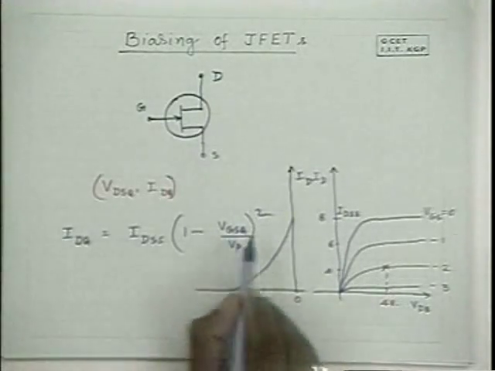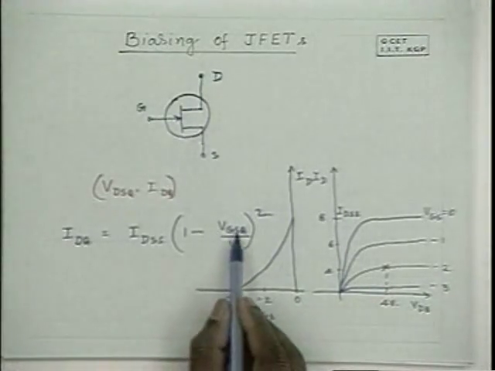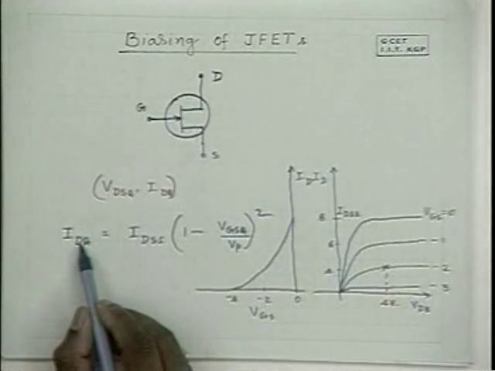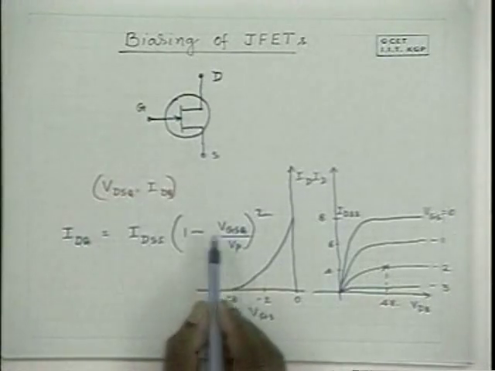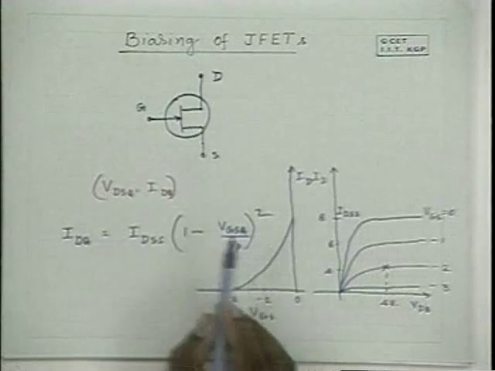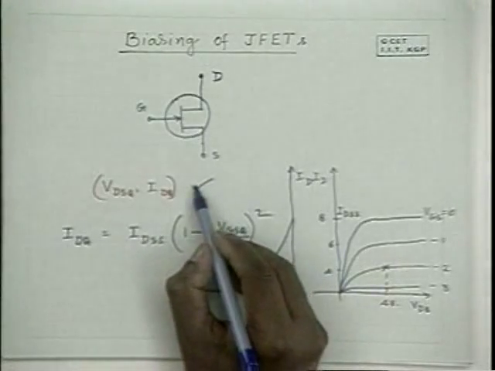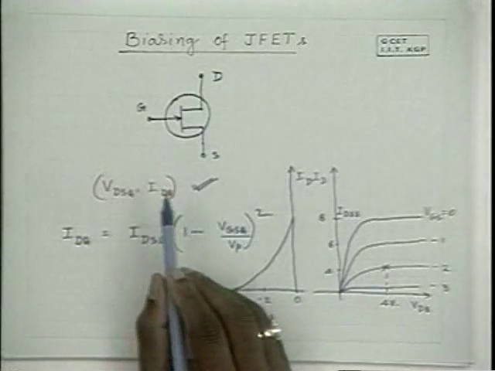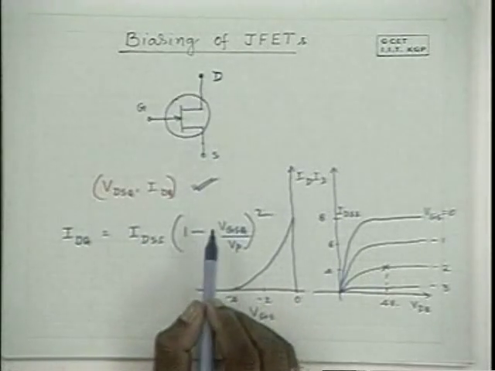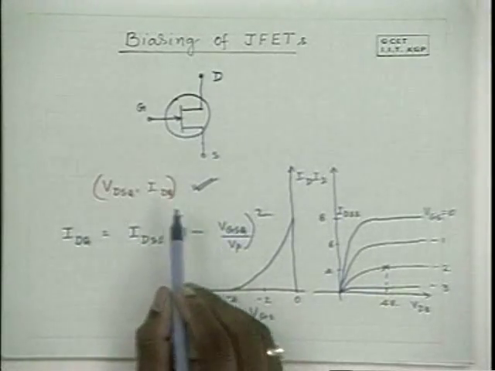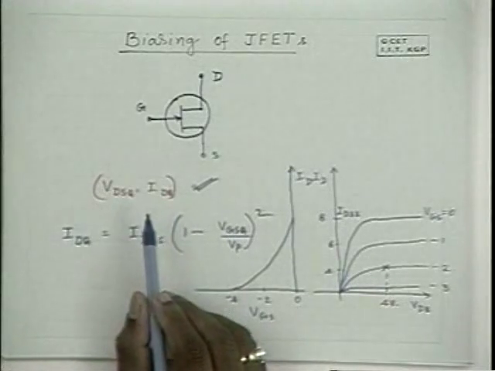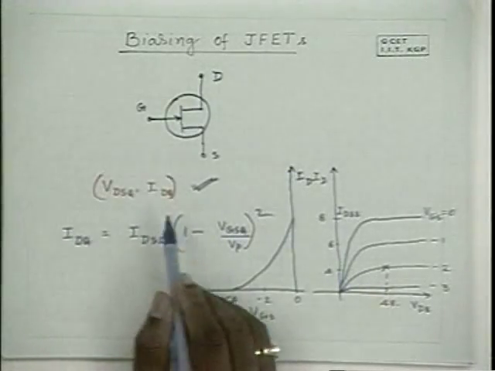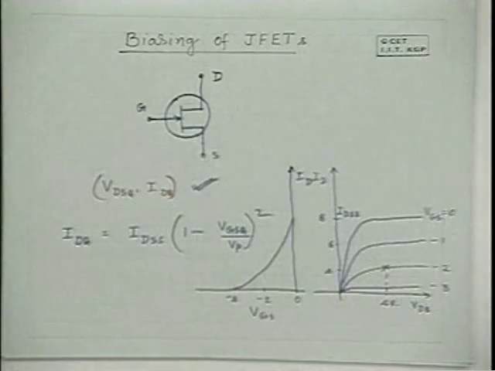So through this relationship, VGSQ and IDQ are related. These are dependent quantities. Hence, if you specify VDSQ and IDQ, that is as good as specifying VGSQ also. Hence, VDSQ and IDQ is normally what is referred to as the quiescent point.